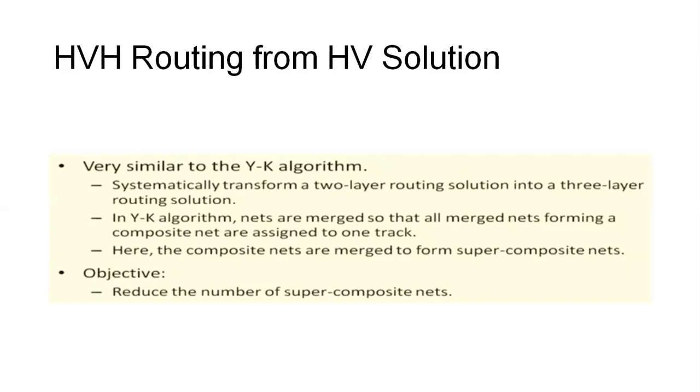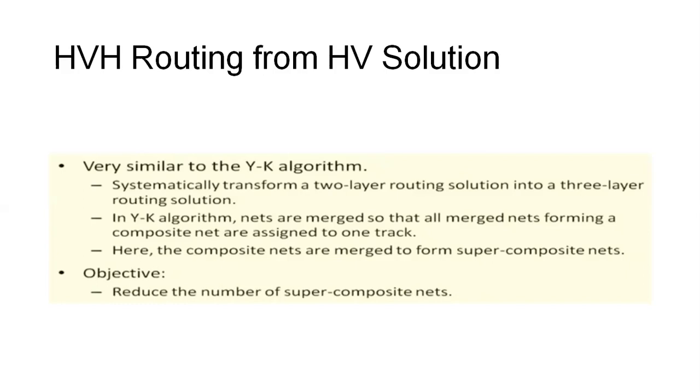Are you getting? One is we try to merge the nets and make a composite net. That is what the net merge algorithm told yesterday. But there we had only one horizontal layer. Here we are having two horizontal layers. We can put it in layer 1 or layer 3.